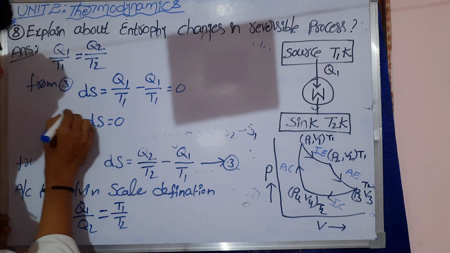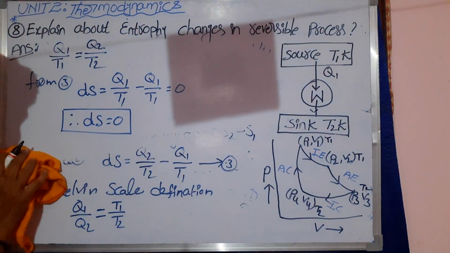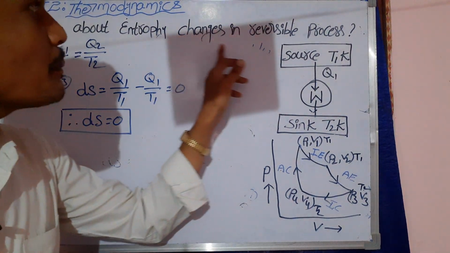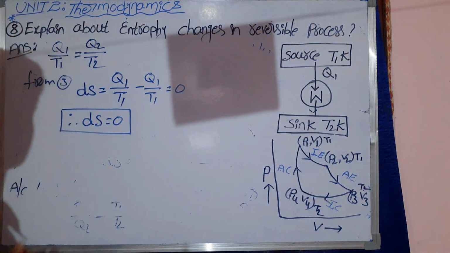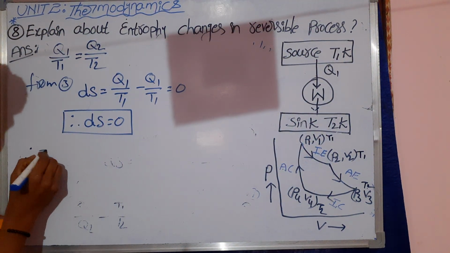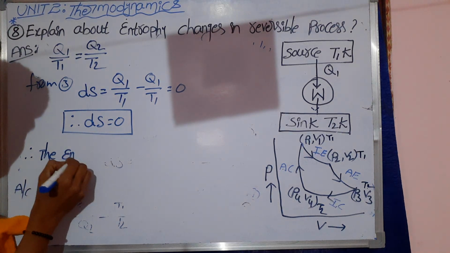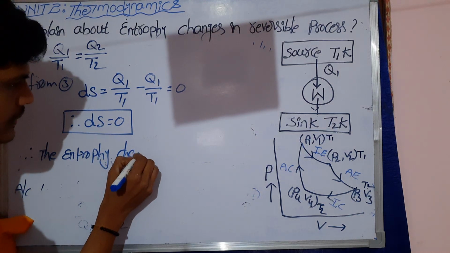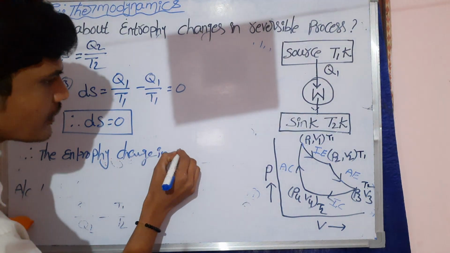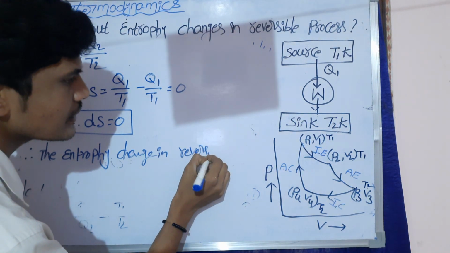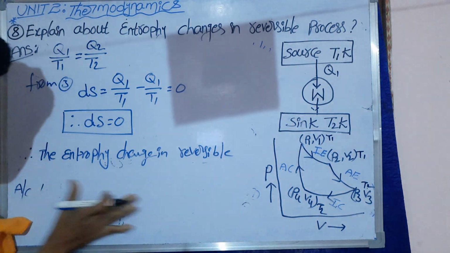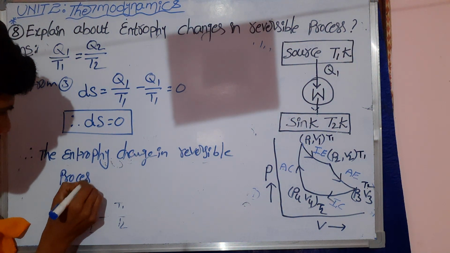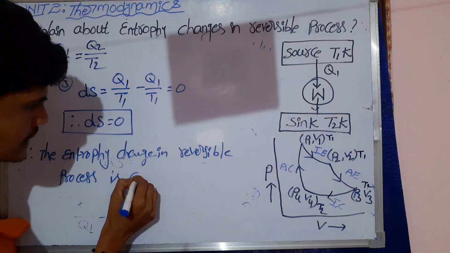Therefore dS equals 0. So the entropy change in a reversible process is constant.